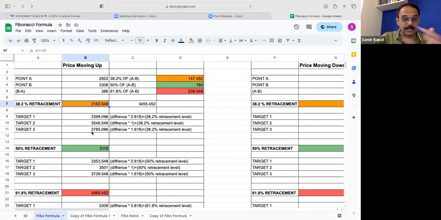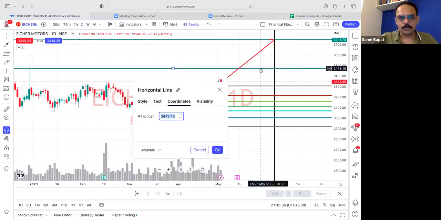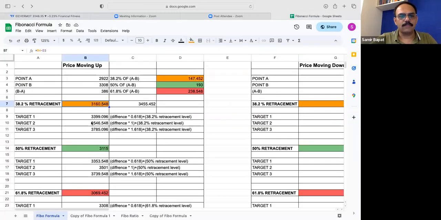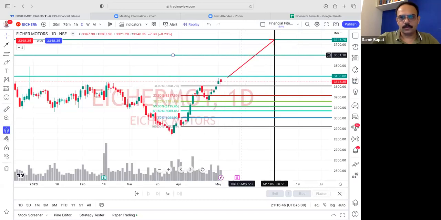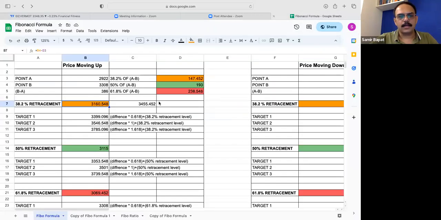So target one is 3399, that is 3400. Let's draw one line at 3400. Then we have 3546. And third target is 3785.